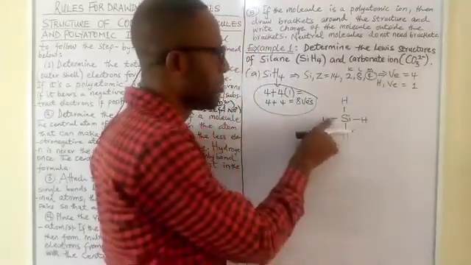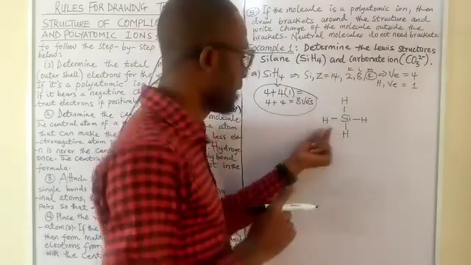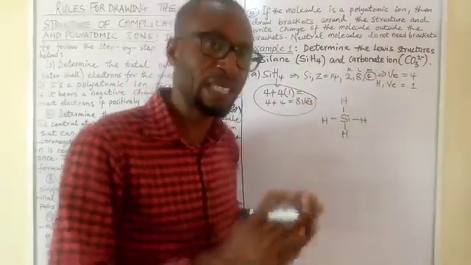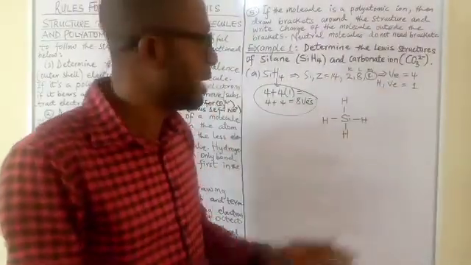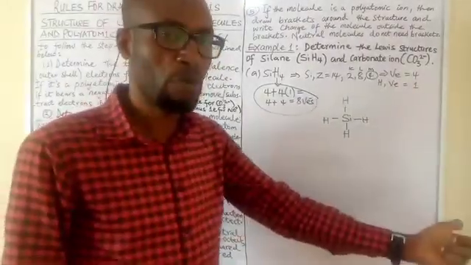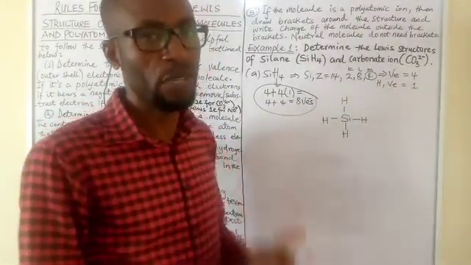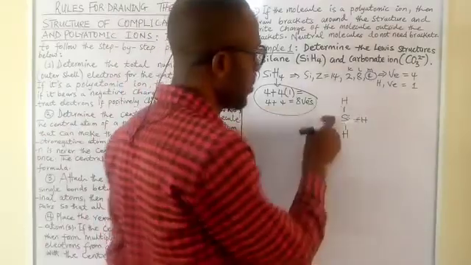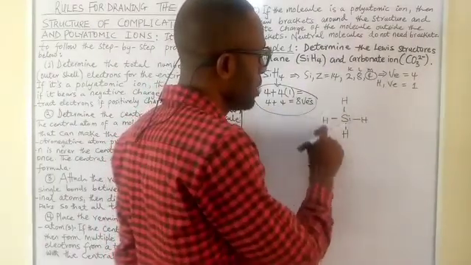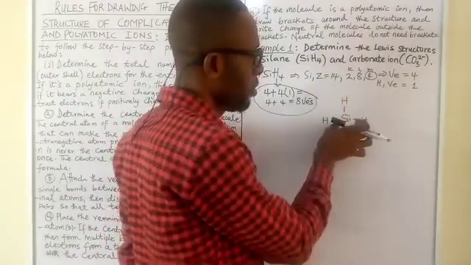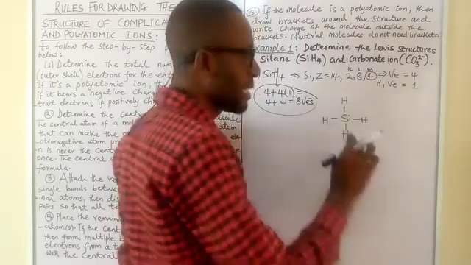Of course, hydrogen can only make 1 covalent bond because hydrogen requires just 1 electron to satisfy its duplet. Hydrogen wants to become like the next noble gas, which is helium, so it just needs only 2 electrons. So the hydrogens are okay. Remember, the hydrogen atoms here are the terminal atoms, while the centrally placed atom is satisfied.